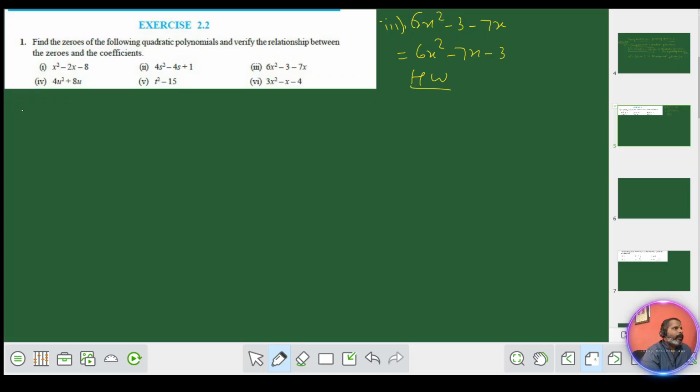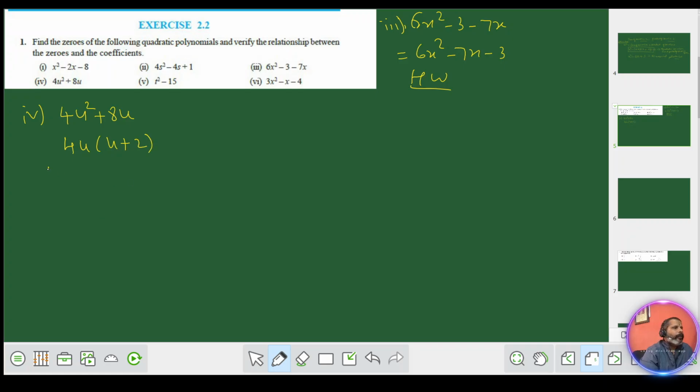Now, come back to the fourth one: 4u square plus 8u. Don't worry. We always need not solve the quadratic polynomial by the factorization method. Some common sense we can use. Here, what is common? 4u is common, u plus 2.